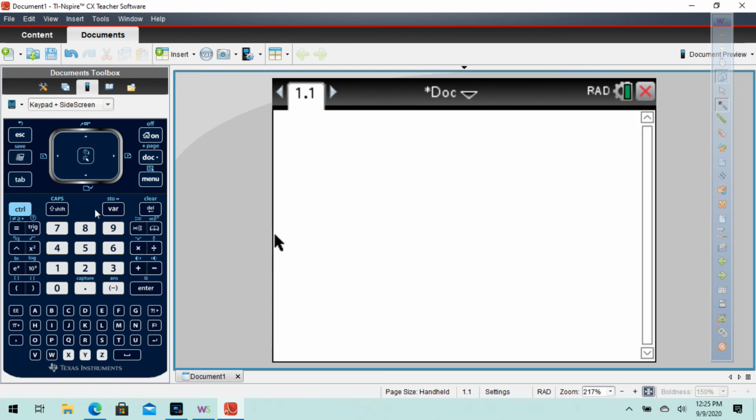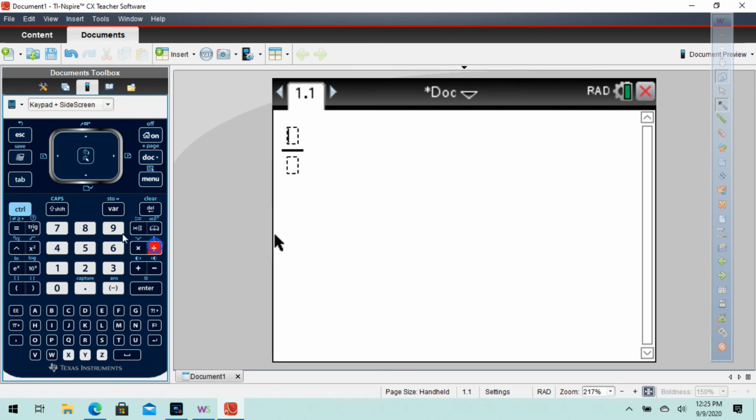Calculator. Let's see here. We got control, divide, and then up here control, divide. We've got 13 over 7, and then we're going to divide that by 2, and then we're going to square it.